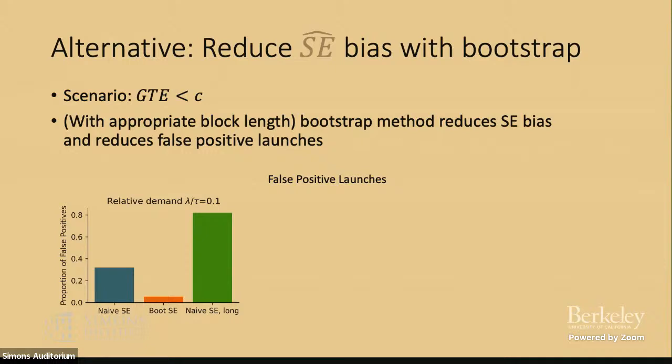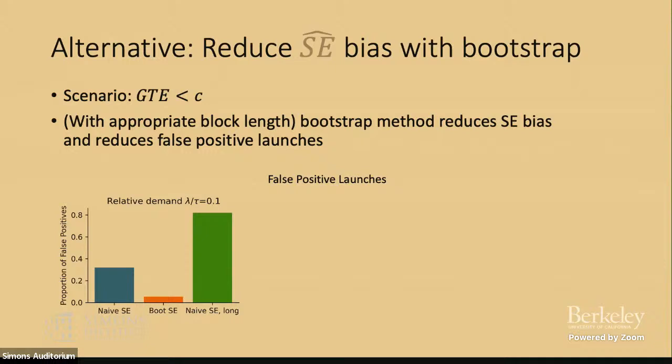And here we're having much fewer false positive launches. So we're doing much better in terms of decision making. And this third bar here, this green bar, is what happens when you run a longer experiment. So this is the other method of reducing standard error estimates. This here actually increases the number of bad decisions that you're making.